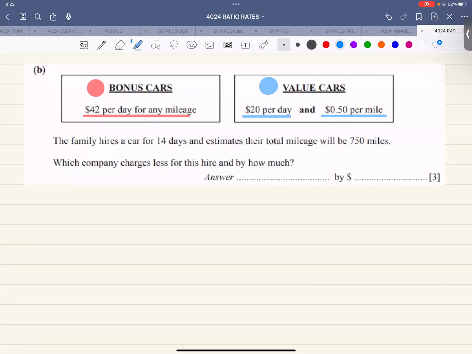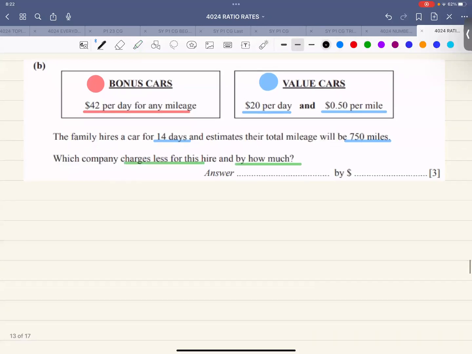Again, finance question. The family hires a car for 14 days and estimates the total mileage will be 750 miles. Which company charges less for hire and by how much? So they're asking which company is less and by how much.